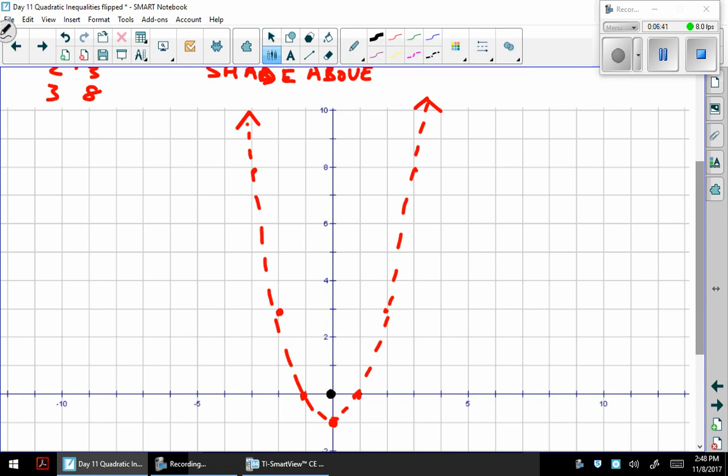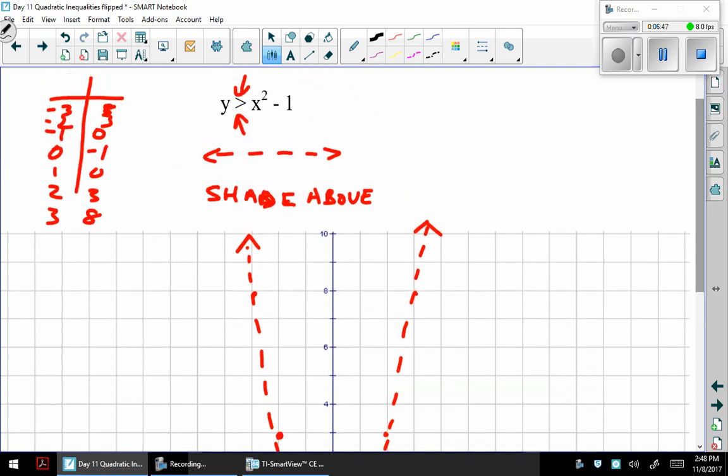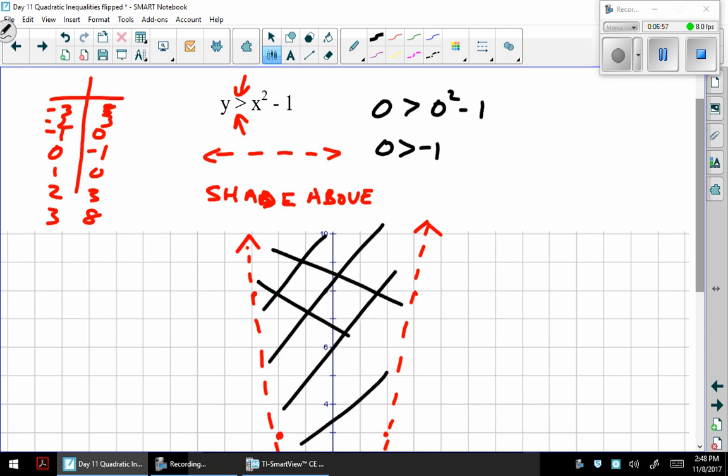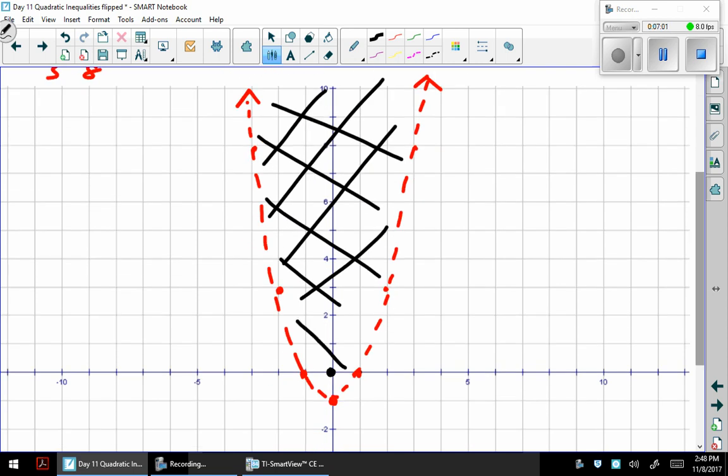Probably check 0, 0. If it works, that's where you shade. If it doesn't work, then we shade outside that. So let's try 0, 0. Is 0 greater than 0 squared minus 1? Is 0 greater than -1? Yes, that works. That's where we shade. It's that easy. Again, you need to show me that table that we put there.